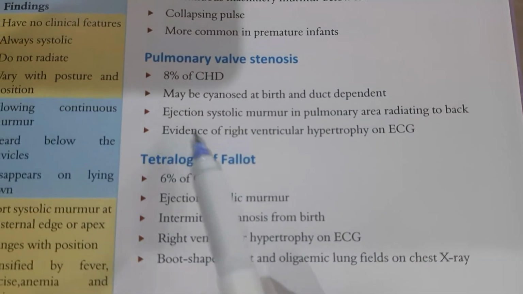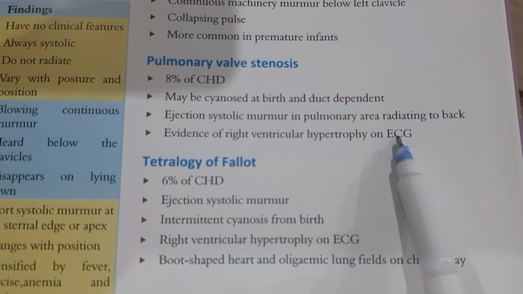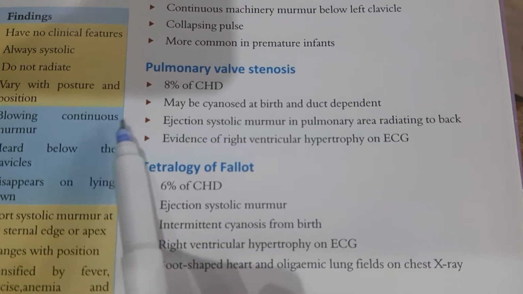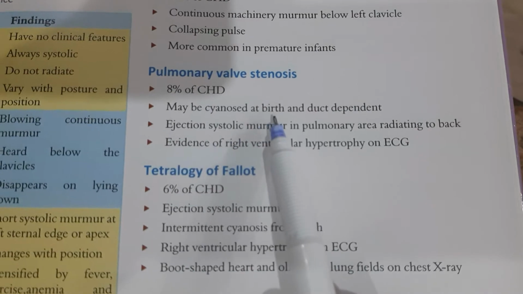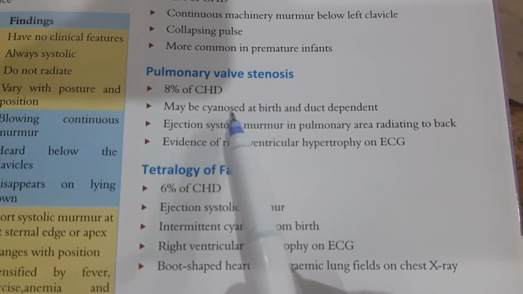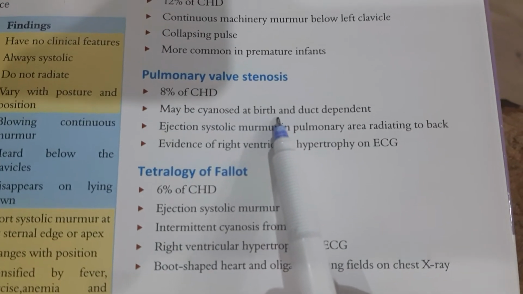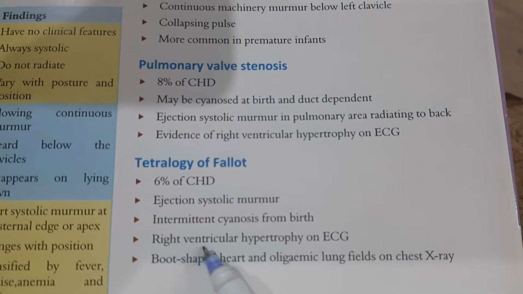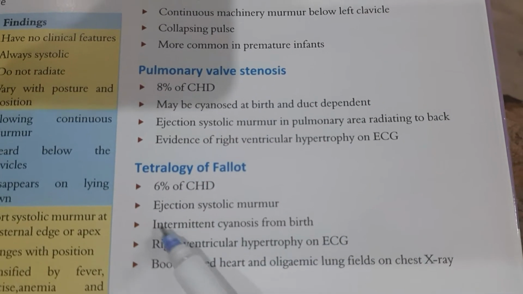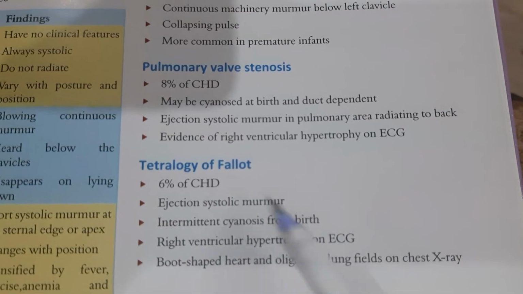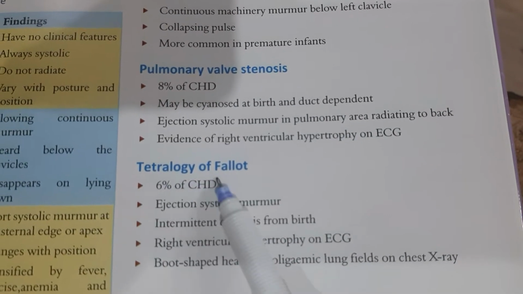Remember, with right ventricular hypertrophy on ECG, but cyanosis continuously present from birth is pulmonary valve stenosis. But if there is right ventricular hypertrophy and cyanosis is intermittent from birth, then there are more chances of tetralogy of Fallot.